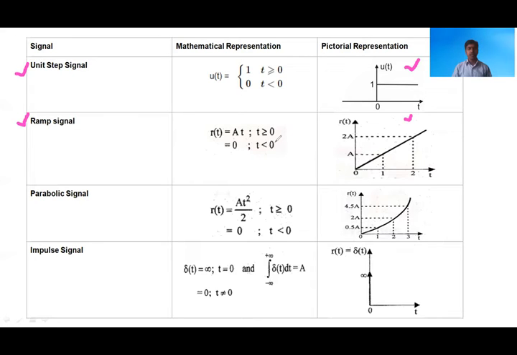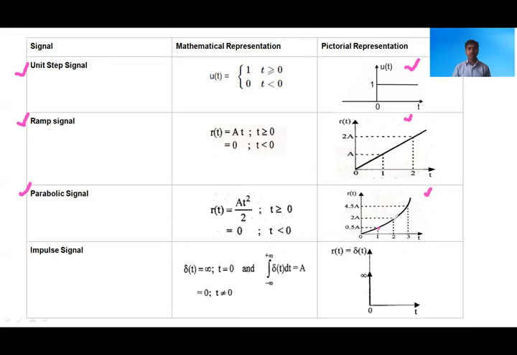The next signal is the parabolic signal. It is also called constant acceleration. That means this is a parabolic curve shown here. The mathematical expression is A t square by 2. When you substitute t equal to 0, it will be 0. When t is equal to 1, it is 1 by 2, that is 0.5 A at this point.